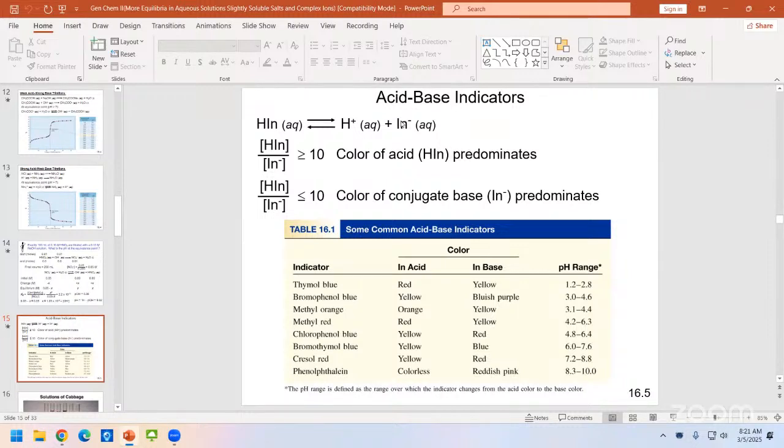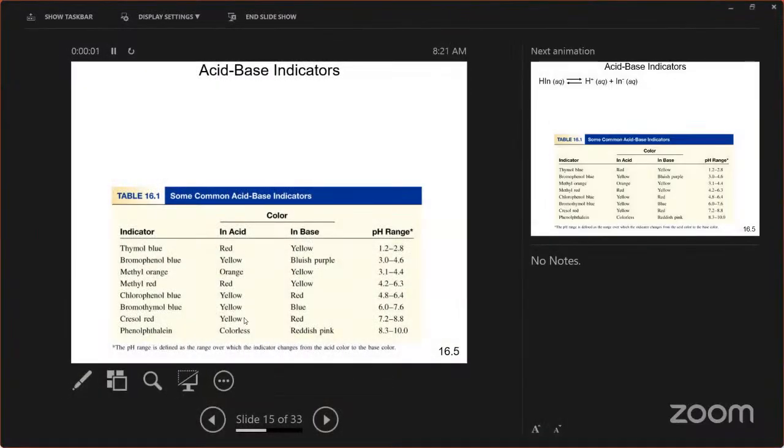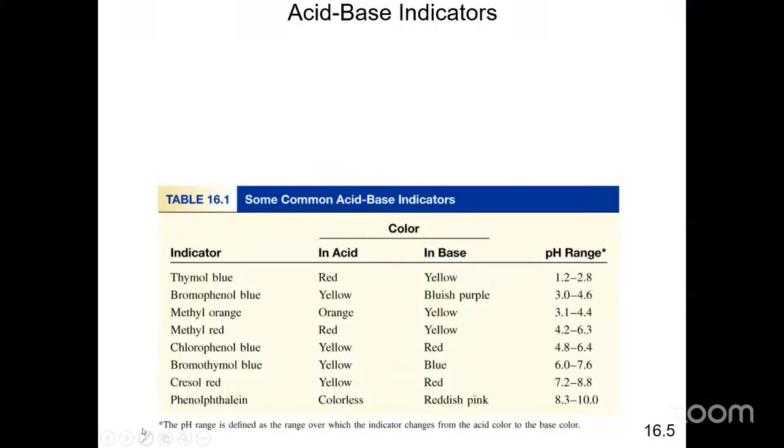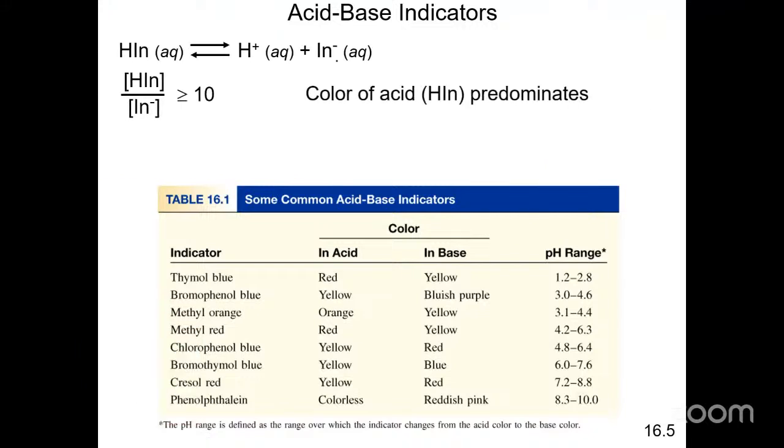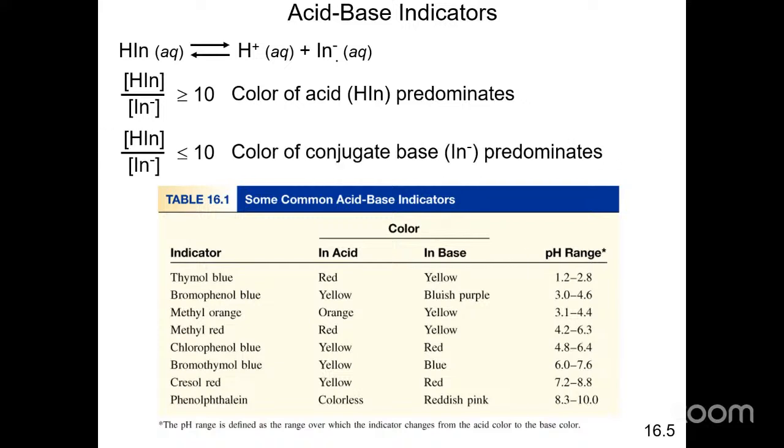So let's say the undissociated molecule here, let's say that the color of this is blue, and let's say for the conjugate base, let's say the color is yellow, right?